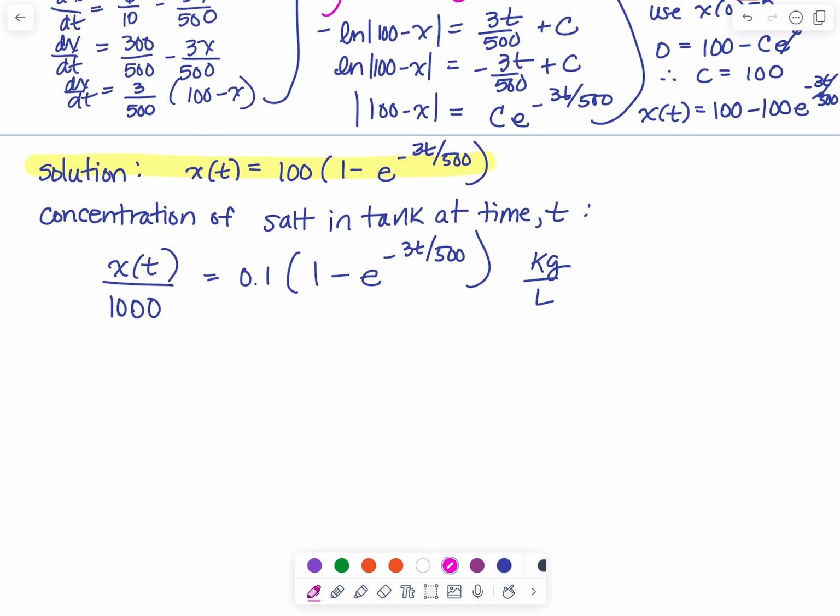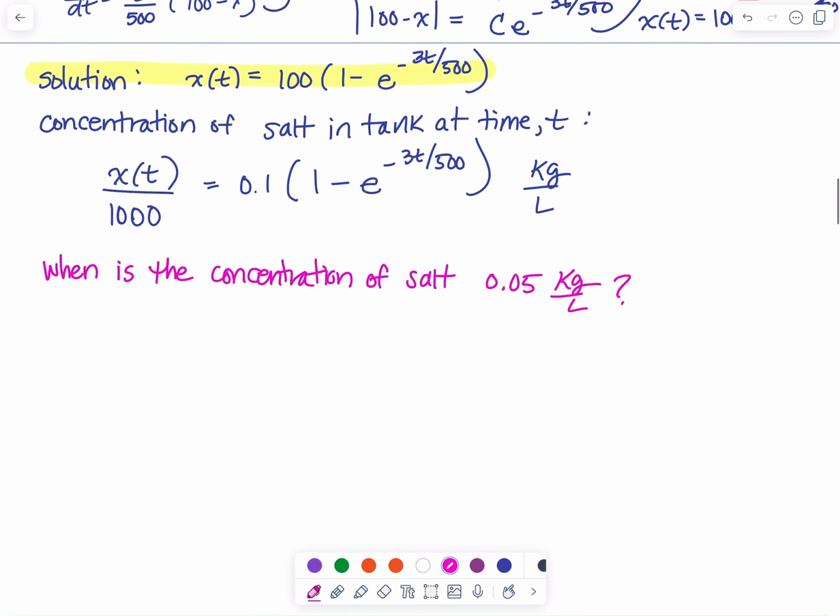So let's go ahead and write that out. When is the concentration of salt 0.05 kilograms per liter? So we're going to go ahead and set that equal to 0.05. So we have 0.1 times 1 minus e to the negative 3t over 500 is equal to 0.05.